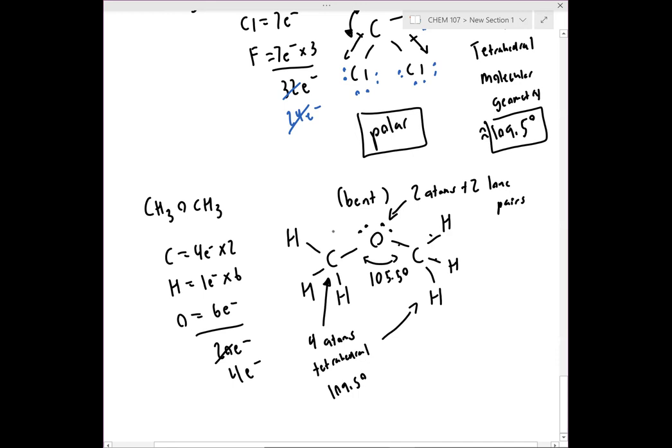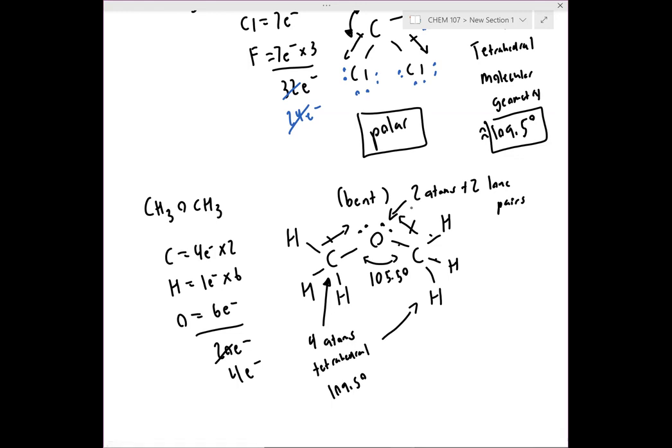We have polar bonds, right? And are the atoms attached to our central atoms all the same? No. They're all different, and our central oxygen has lone pairs. So overall, our dipoles don't cancel, and as a result, is this molecule polar or non-polar?